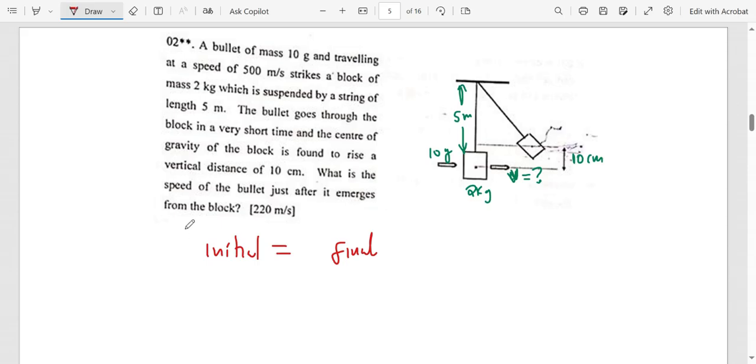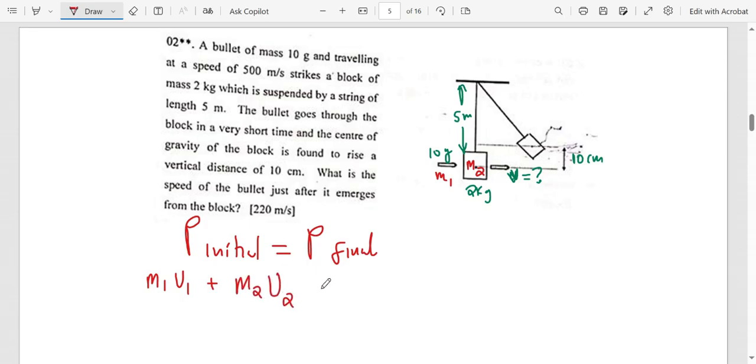So final momentum is the same as initial momentum. But we have got two objects here. Let me call the bullet as the M1 and then the block as M2. So we'll say the momentum at the beginning M1 U1, that's momentum initial for the bullet. And then the momentum initial for the block is going to be M2 U2.